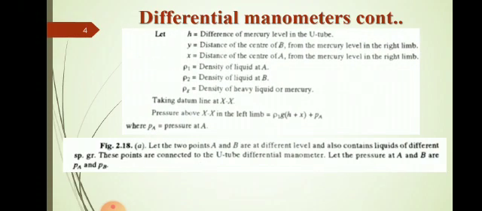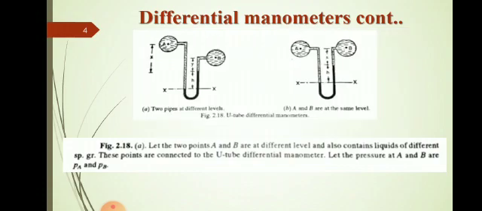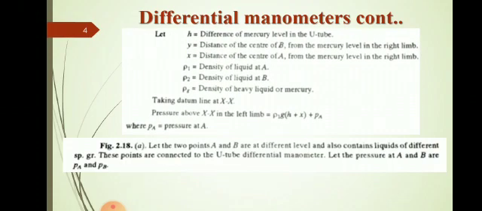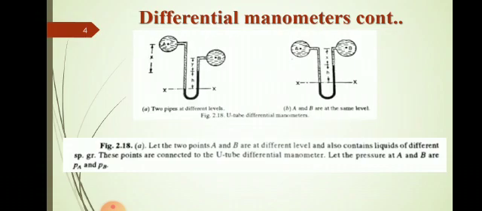Then y is the distance of the center of B from the mercury level in the right limb. See what is y? So y is this difference, between the mercury level in the right limb and the center of the pipeline. Now what is x? The distance of the center of A from the mercury level in the right limb.